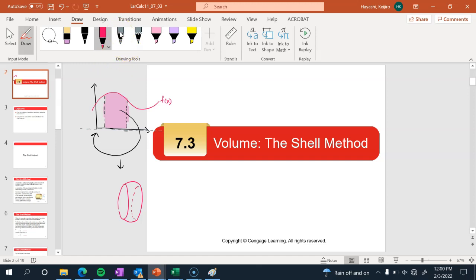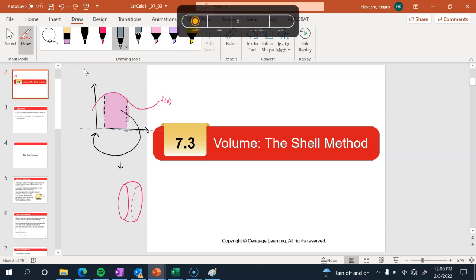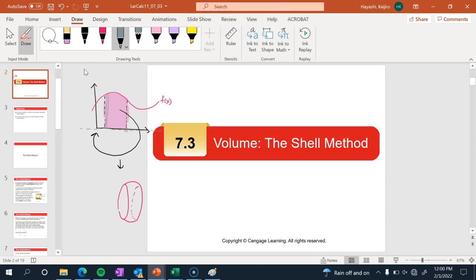but in order for those to be disks, the way that we integrate would have to be dx, because to be disks, the slices that you're breaking this down into are perpendicular to the axis of rotation.